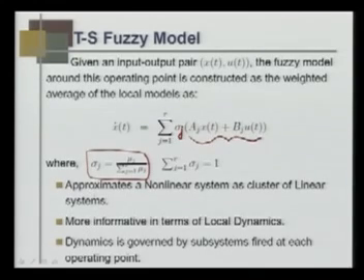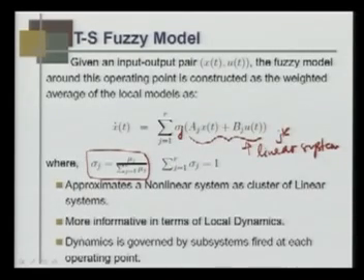So, a TS fuzzy model approximates a nonlinear system as a cluster of linear systems. So, this is my jth linear system, sigma j is the normalized fuzzy index associated with the jth linear system, and if I fuzzy cluster these R number of linear systems, then I get the approximation of a nonlinear system.